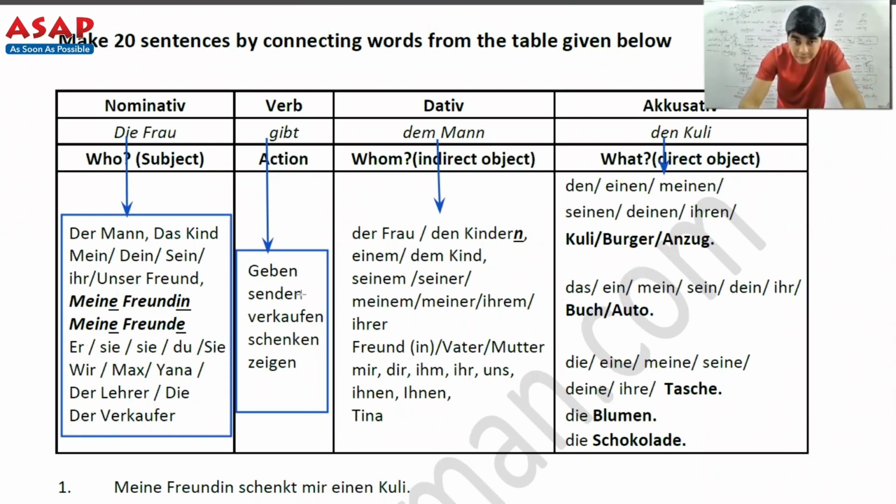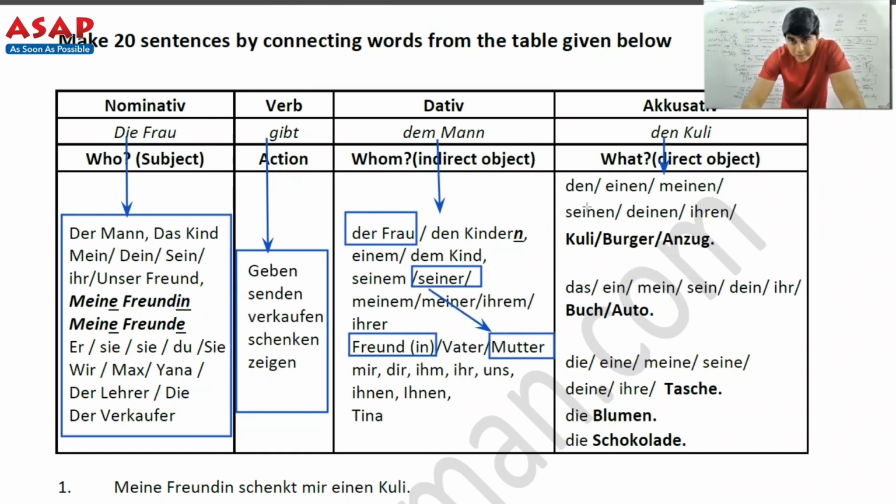You should conjugate the verb according to the subject. And then pick up the word from here, either der Frau or seiner Freundin or Mutter. So these things are connected here. Seiner Mutter, to his mother.